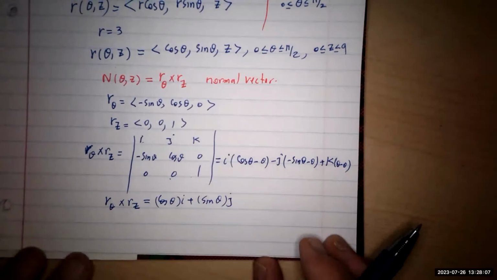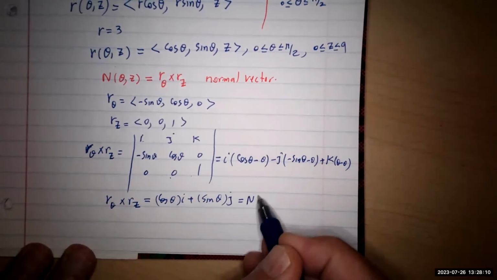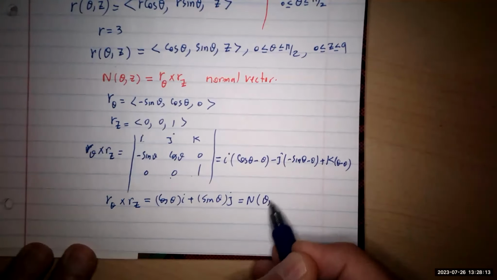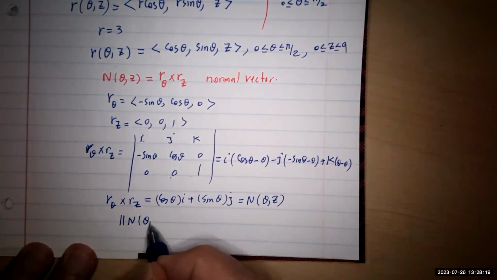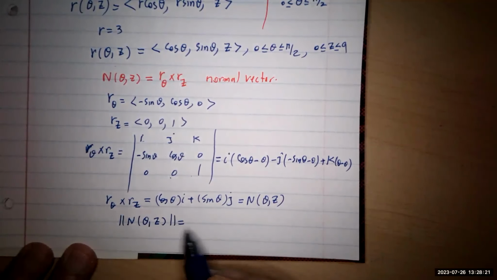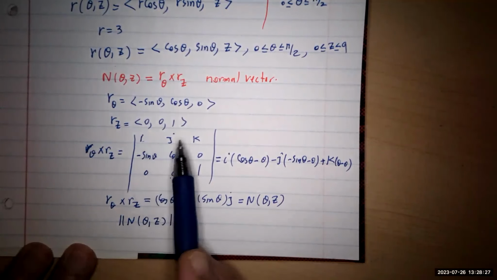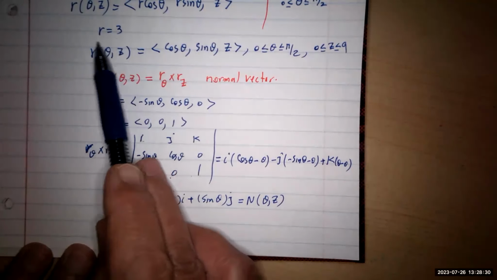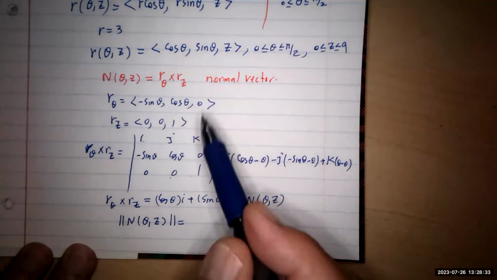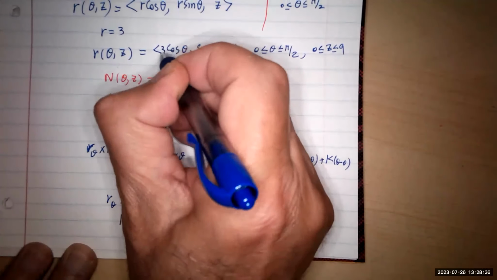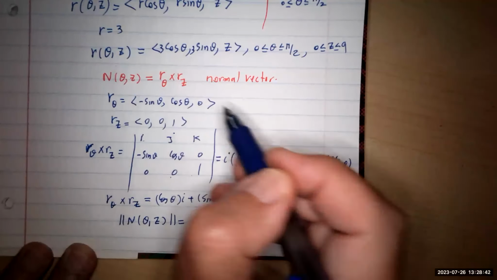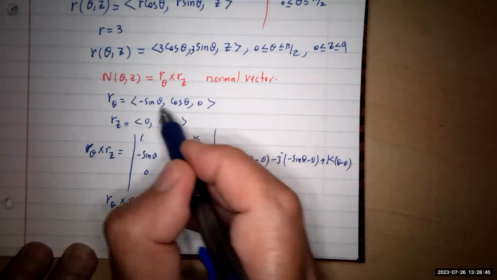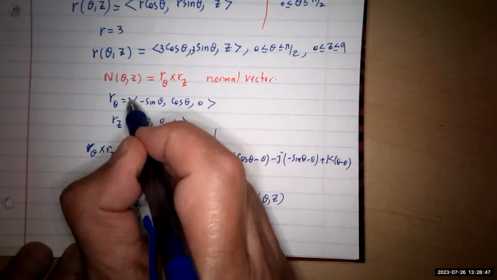You need the norm of the normal vector, n of theta and z. So the norm is going to be equal to a square root of, I missed something. Sorry, r was equal to 3. I missed the 3 here. There is a 3 all over the places, and I can factor it out eventually.